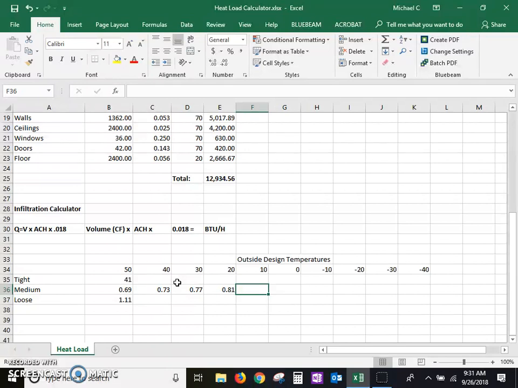Take them out of a chart. After that we're going to do the math: multiply the volume of the house, your air changes per hour, times 0.018. But we need our air changes per hour first. So these come out of a chart.